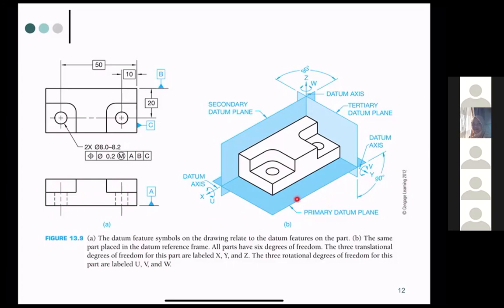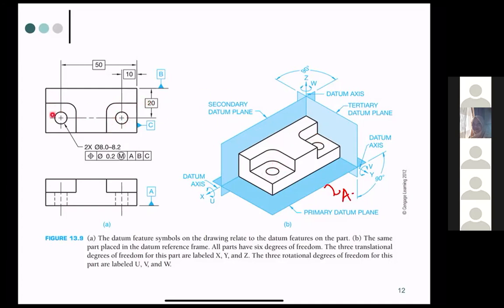And this one is with reference to datum A, the primary datum plane, so I can write that it is datum A. Then from the top point of view, you see this part, that part, and also the circle.